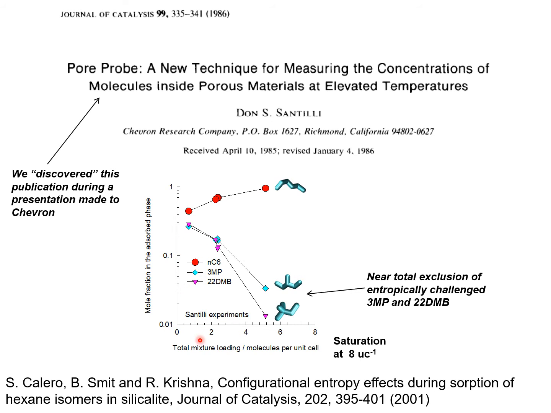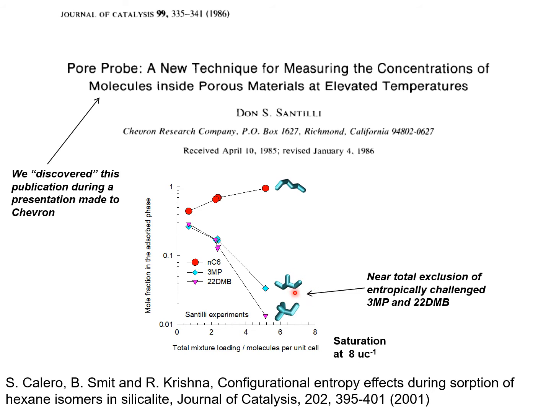And we note that as the mixture loading increases, in other words, as the adsorbed phase approaches saturation, the branched isomers are progressively excluded from the pore space to the benefit of the linear isomer.